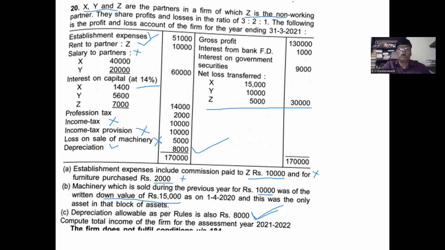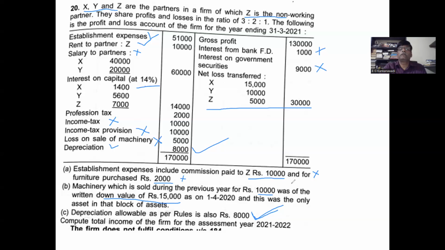Remember this. Compute the total income. You take the disallowed items, thereafter deduct the credit side items: first interest on bank FD, second interest on government security. If you deduct these two, you will get the income from business, the book profit. From the book profit, you deduct working partner remuneration.